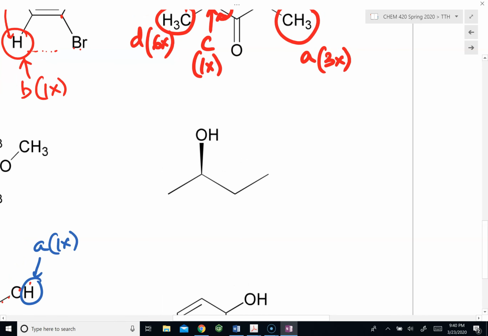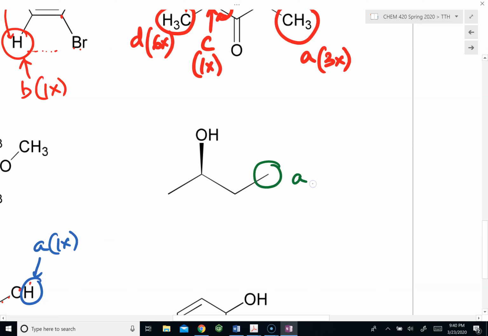Let's now try this molecule. This is actually a unique problem because now we have a molecule that has a chiral center in it. So here in this case, how many distinct signals would we expect to see? And the answer, actually quite a few. So first, this methyl group right here will give us 1 distinct signal.